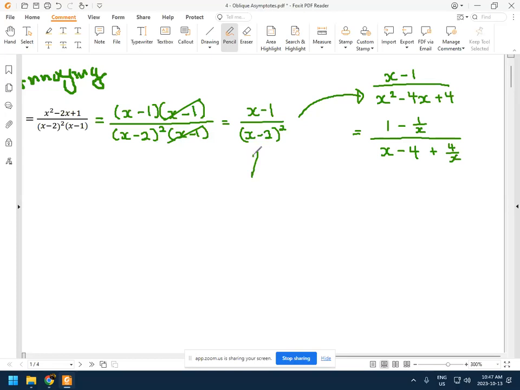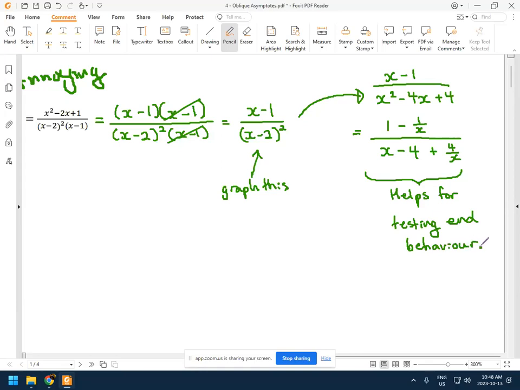Okay, so as a note, graph this, and this helps for horizontal asymptotes, or how about helps for testing end behavior. So please try.